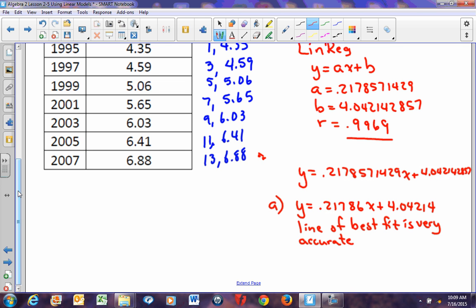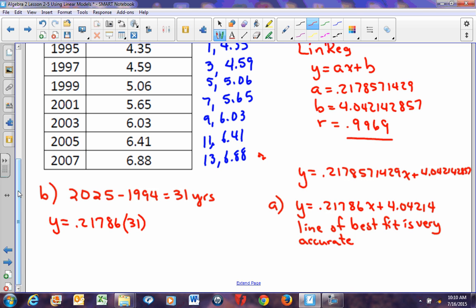Part B says, based upon your linear model, how much would you expect to pay for a movie ticket for 2025? So for part B, 2025 minus 1994, because remember 1994 was year 0, is 31 years. So we're going to put 31 in for x. We're going to have y equals 0.21786 times 31 plus 4.04214.